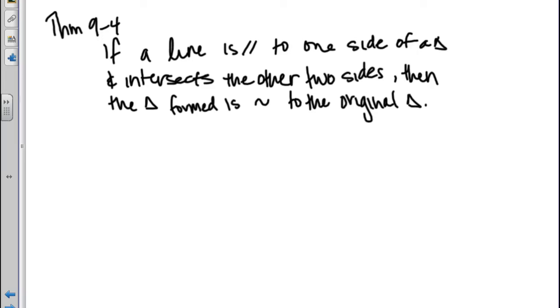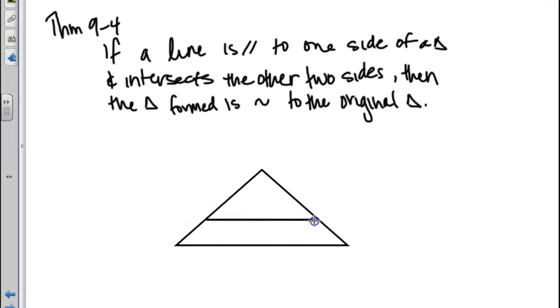Let's see if I can get a triangle here going. So if a line is parallel to one side of the triangle, so let's say these are parallel, we talked about angle-angle similarity previously because these two parallel lines, if you extend them out and cut this transversal through, we have corresponding angles here, and we know that corresponding angles are congruent.